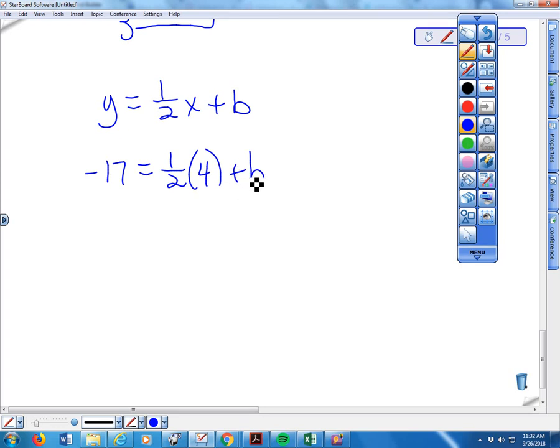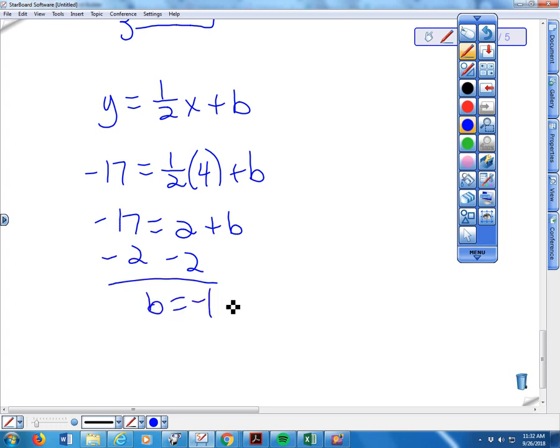Just plug in that point for x and y. 4 times 1/2 is 2. Then I subtract 2. b is equal to negative 19. That goes back in for b here, and it should be 1/2 x minus 19. Right?